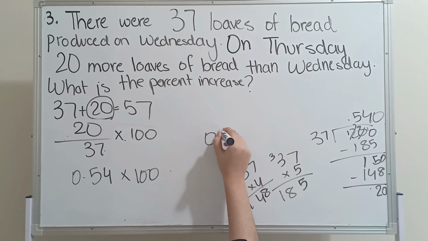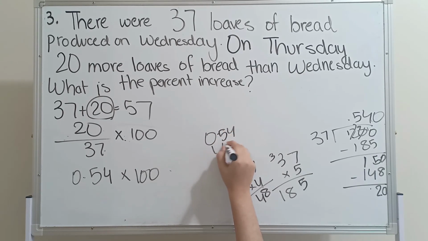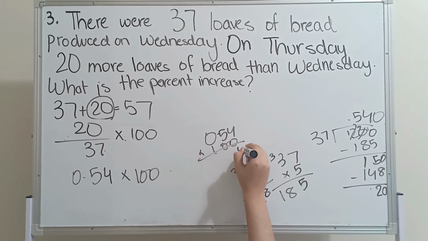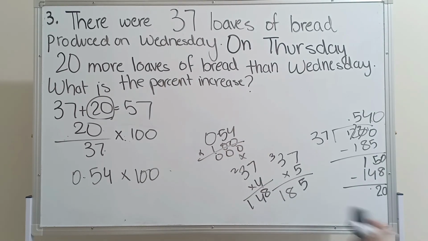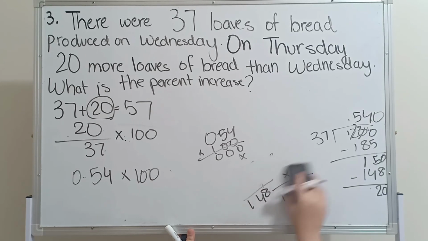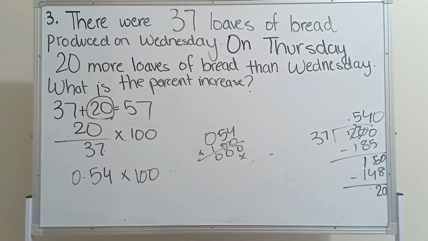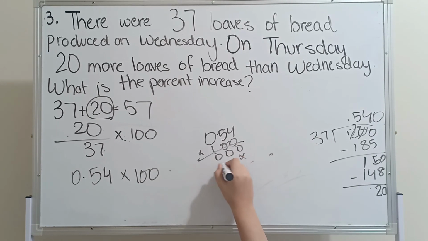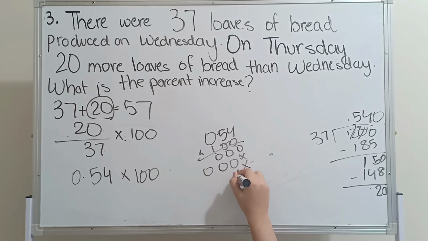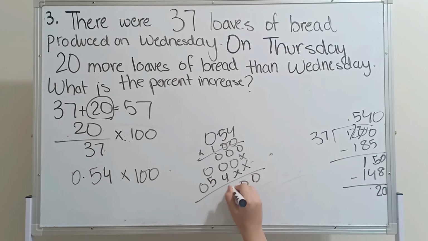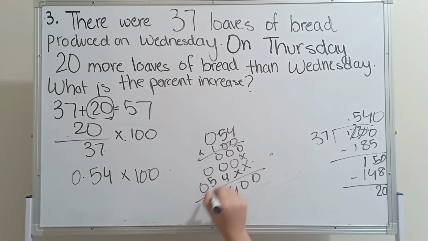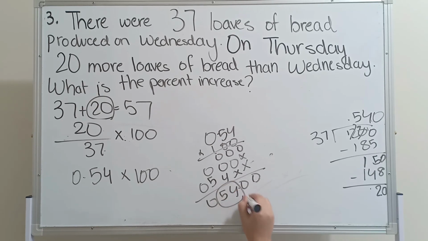So 0.54 multiplied by 100, we are going to get, let's see, we're just going to quickly erase this. So we have 2 decimal places, and this is our answer.